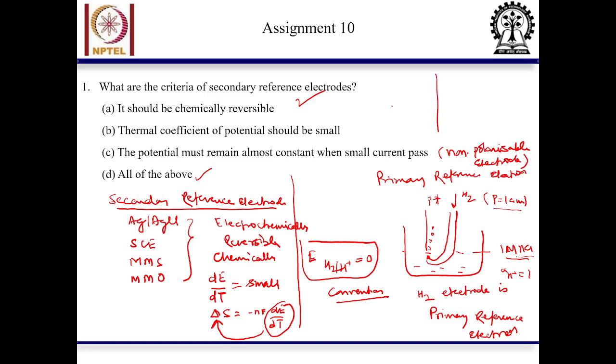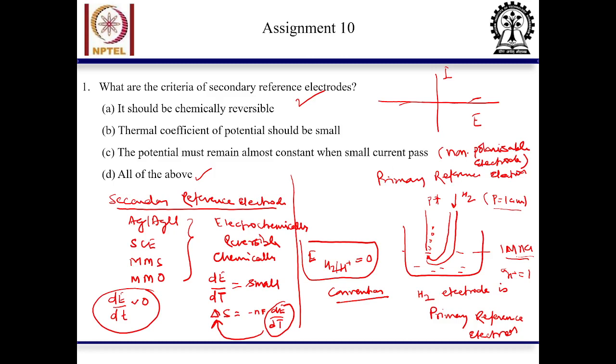Suppose you have I and E axes; whenever we pass a small current, their potential should not vary much. This is one important criterion, and the drift should be minimum. One more important thing, dE/dt should be minimum: your reference electrode potential should not change over time.